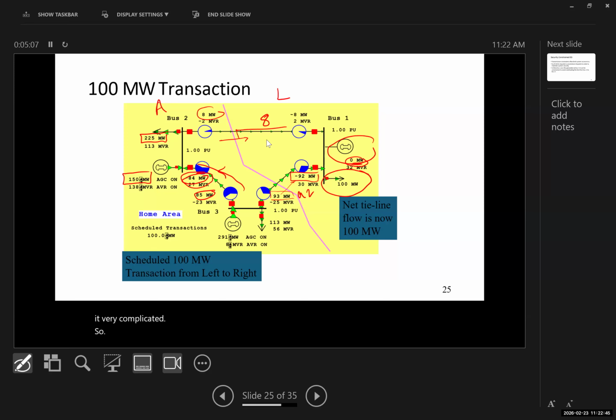Again, the direction of the flows are shown with these arrows. The circle shows generation. These arrows at the end show the load itself. And again, we're not interested in the reactive power here. We want to see how much real power we are getting. That's the reason we are scheduled 100 megawatts.